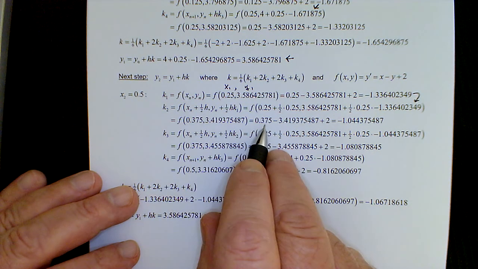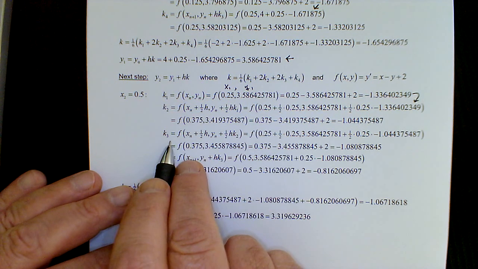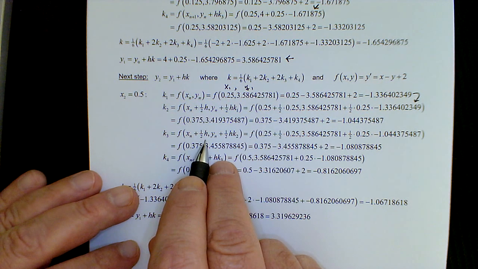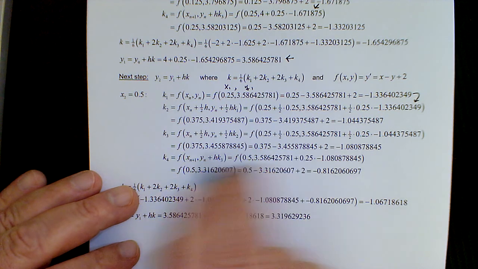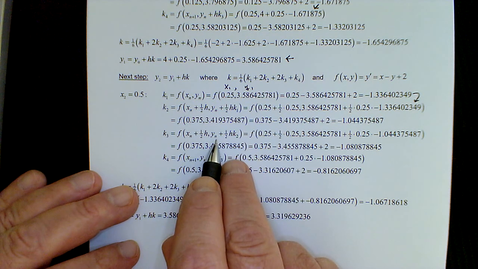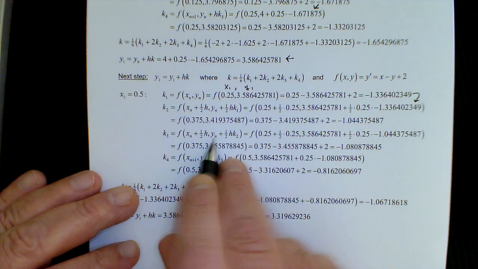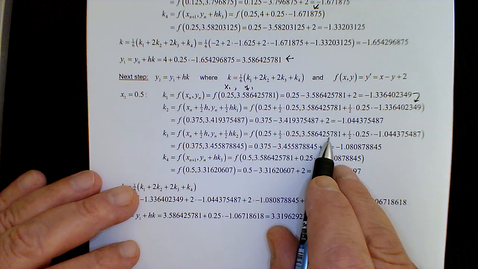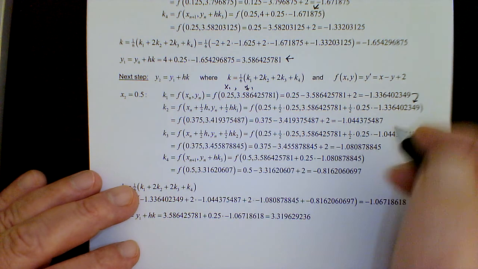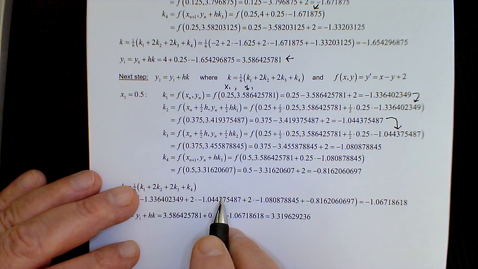X minus y plus 2 again, crunch it down, go to k3, same x value, 0.25 plus half of h, which ultimately was 0.375, but now the y value is the y sub n, so again, back to this 3.5864, etc., but then 1/2 0.25 times the previous k value, k2.